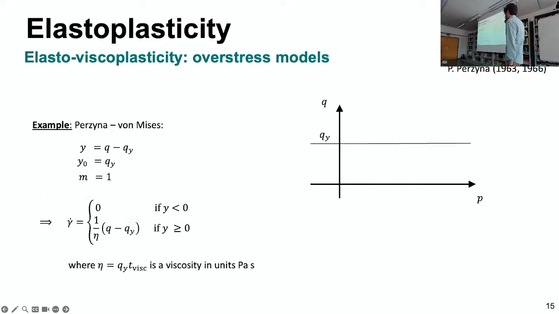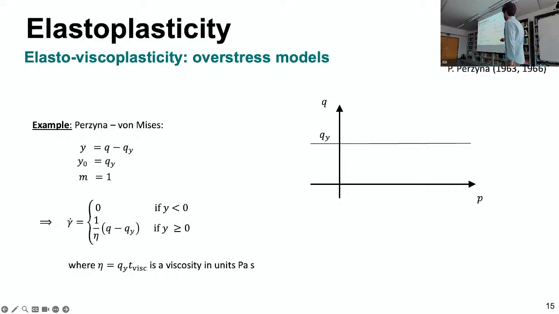It's better to look at an example. So I choose now my yield surface, for example, to be of a von Mises type like this. So this was the cylinder in principal stress space. I plug all those quantities into my expression. I get this expression right here.